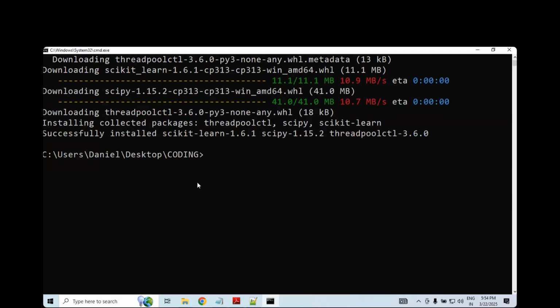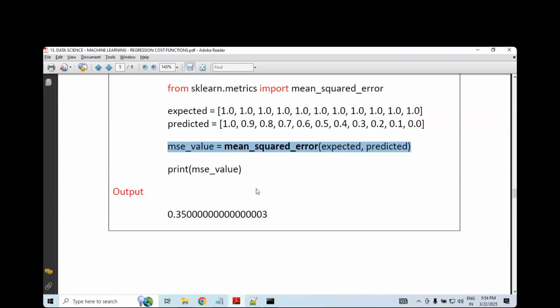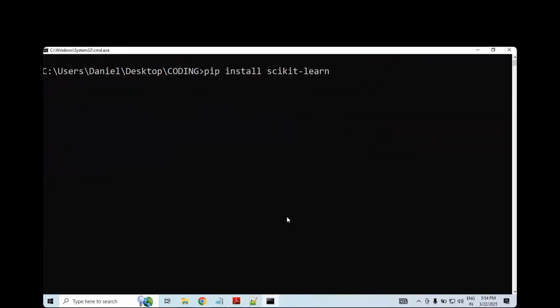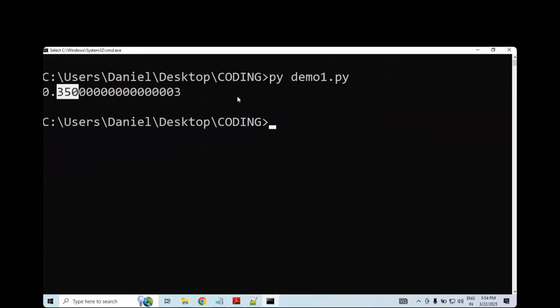Very good. Let us run the example. Make a note of this one. Ensure that you know what the error value is.